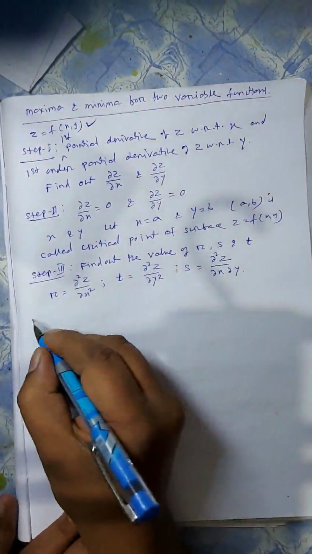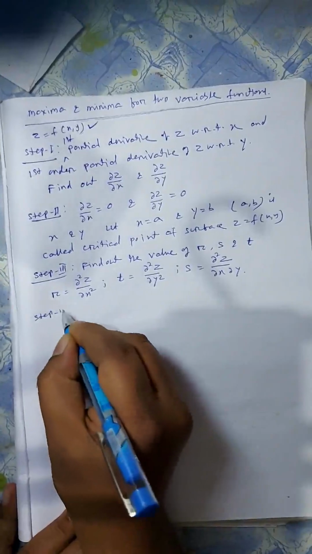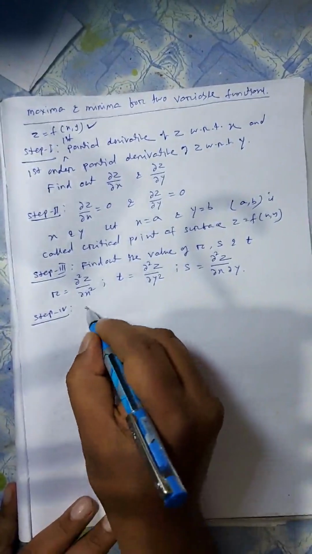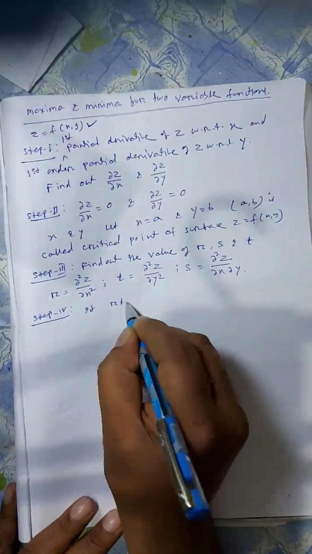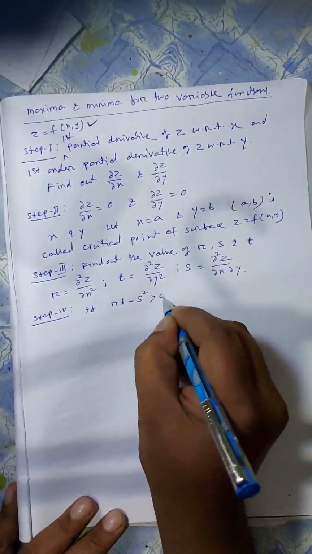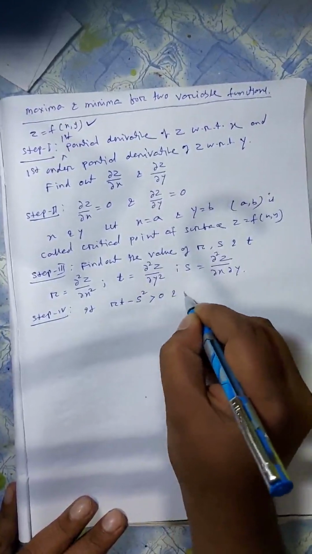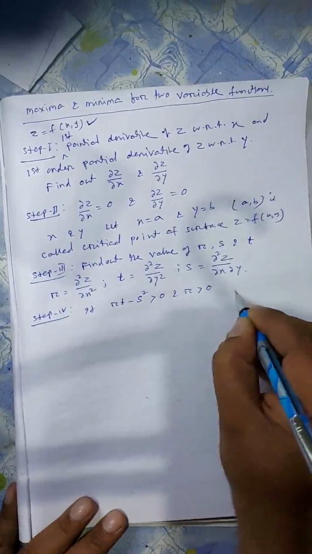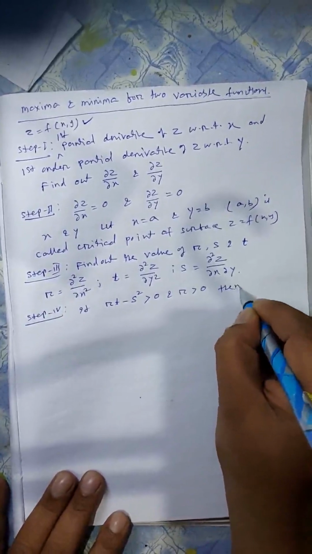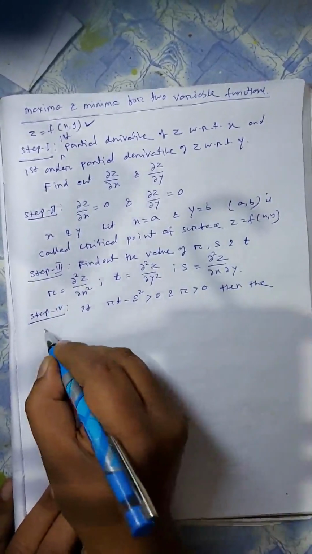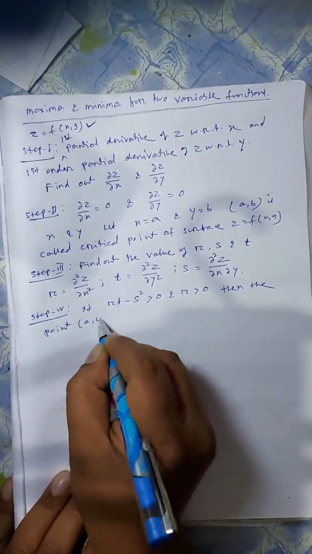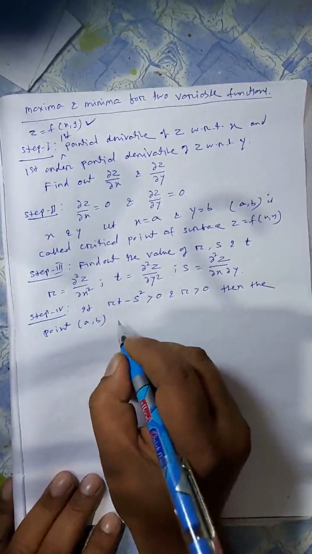Then step 4, which is the condition, just like the single variable case. If RT minus S square is greater than 0 and R value is greater than 0, then the point (a, b) is called the minima.